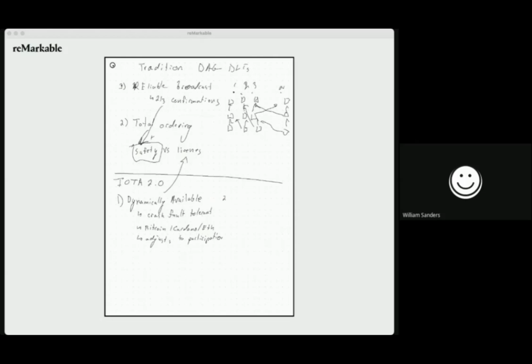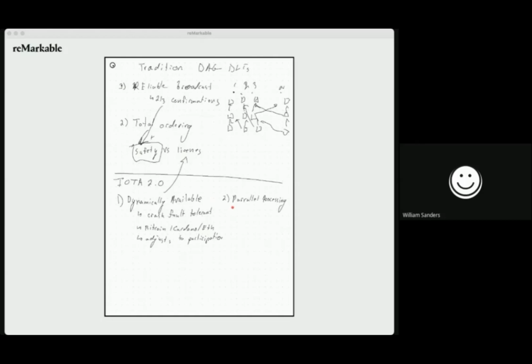Now, the second idea is we have parallel processing. I always misspell parallel. And so what is parallel processing? Well, what do we want to do?